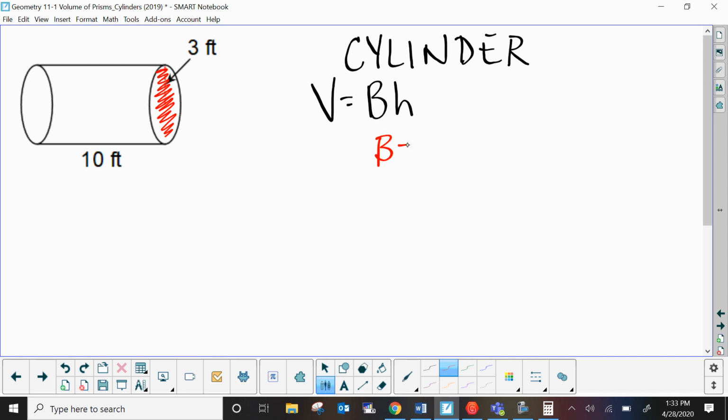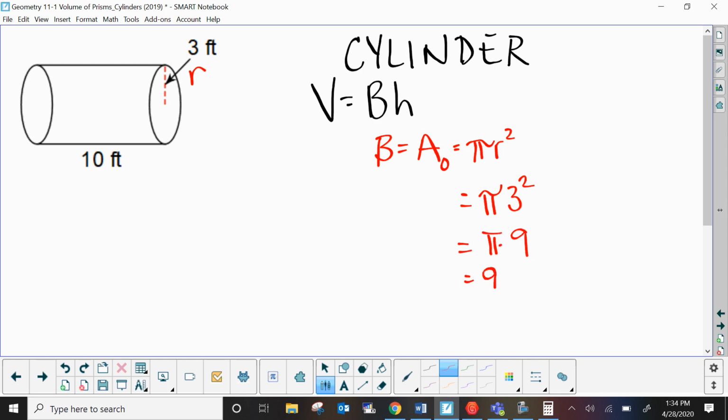So the capital B is equal to the area of a circle, which is pi r squared, where r represents the radius. In this particular example, we luck out because they give us the radius. The radius is 3. So this is just pi times 3 squared, which is pi times 9, which we would write as 9 pi.